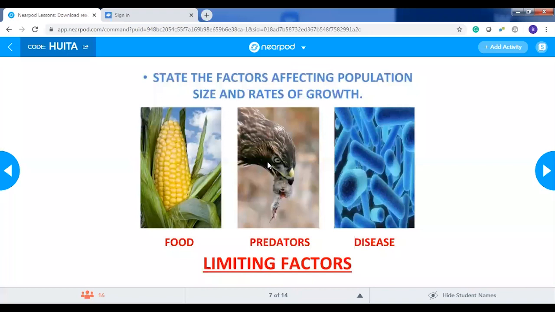Predation: if there are many predators in the environment, then it will affect the size of the population a lot, and even disease can affect the population. Because they are organisms which belong to the same species and have the same characteristics, a disease that affects one organism can easily affect the other organisms in the environment. So disease is one of the main factors that can limit the size of a population.